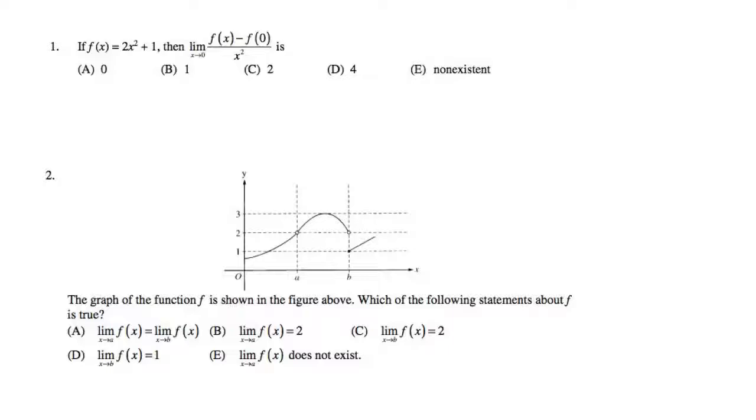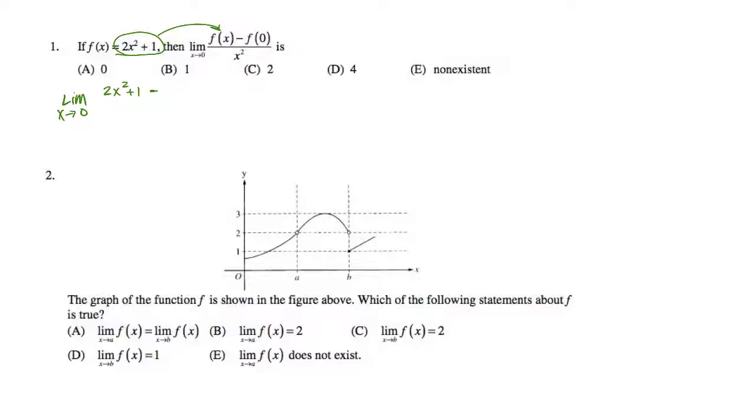If we try to do our limit of what we're given, notice that this is going to go in place of f at x. So we're going to have the limit as x approaches 0 of 2x squared plus 1 minus f at 0, all over x squared.